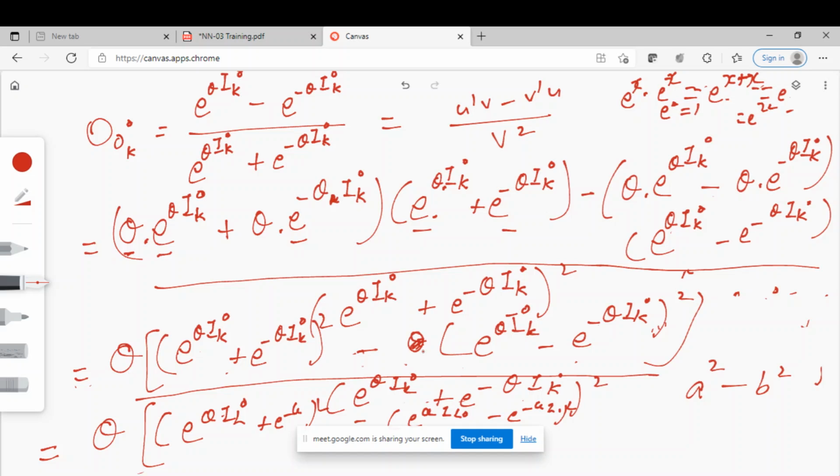Here the denominator is also same. Okay. So if you make this as two separate equations, then this thing and this thing can be cancelled out. Okay. So if it is cancelled out, then what will be remaining is theta naught minus minus theta naught.